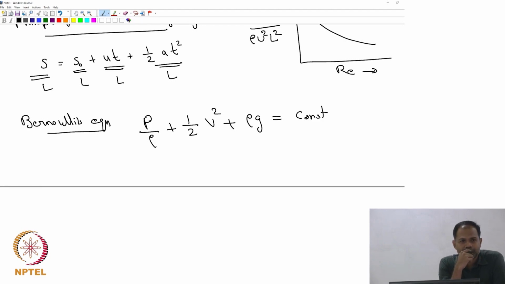P by rho has the dimension of potential. What is potential? What is the unit of potential? Work per unit mass. So can you tell it in terms of fundamental dimensions like length, mass and time?